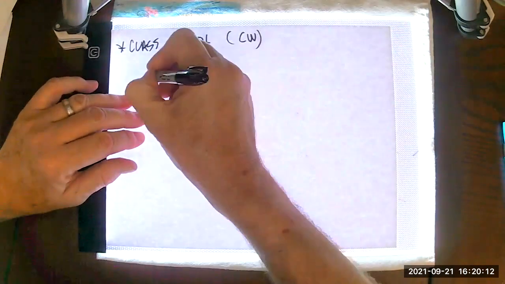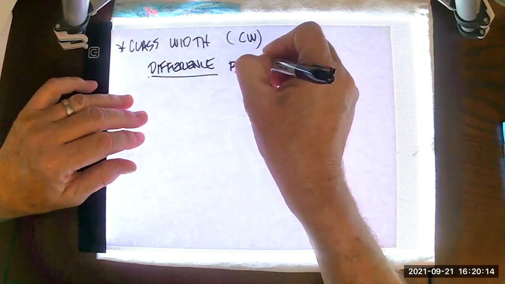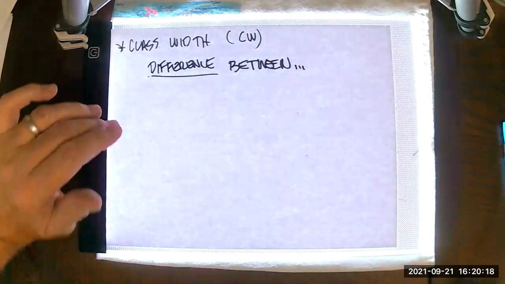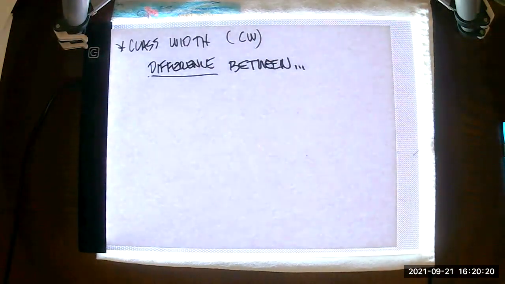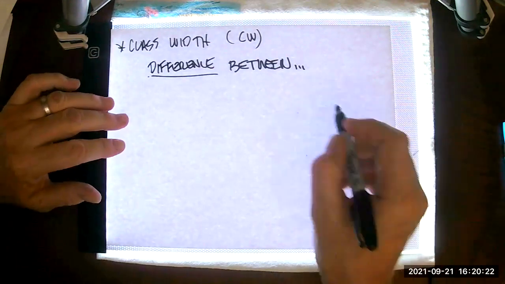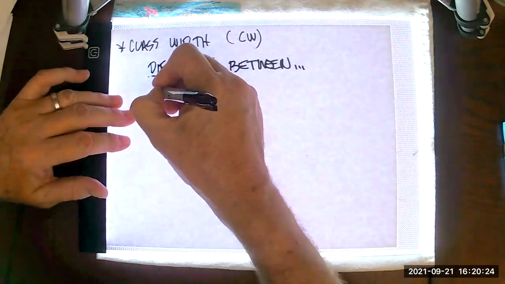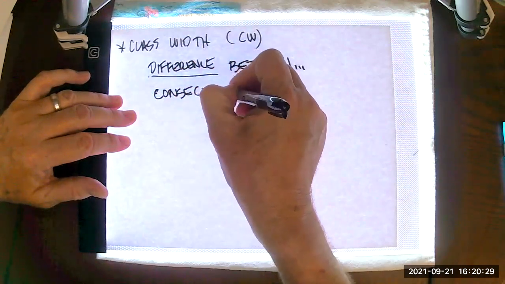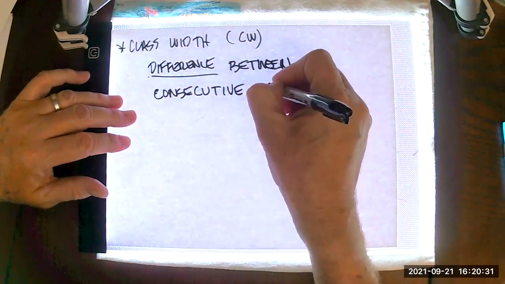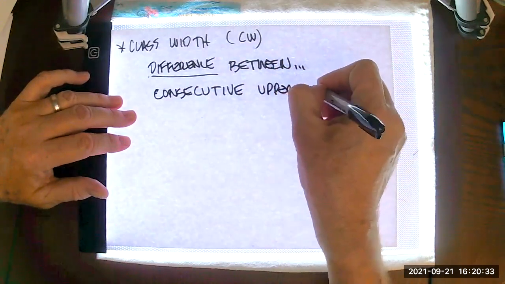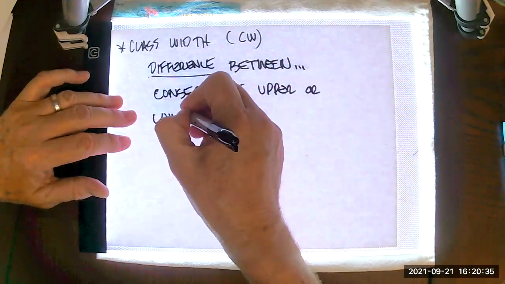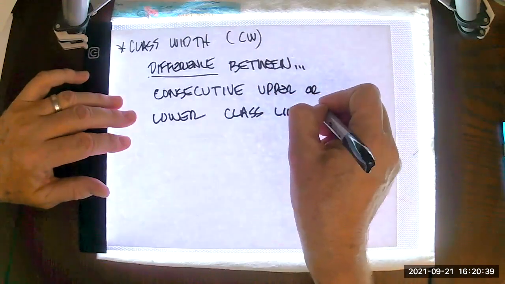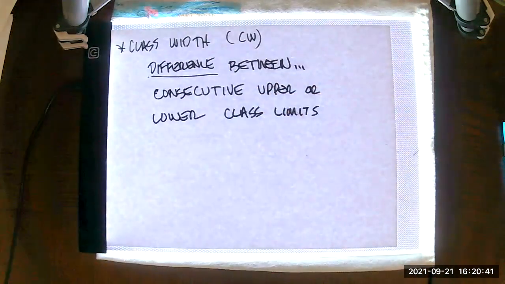That means A minus B between, and this is what gets confusing, because there's two statements for this particular definition. It's a difference between consecutive upper or lower class limits.